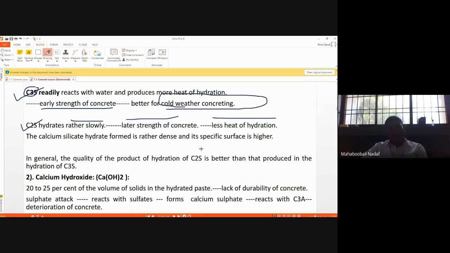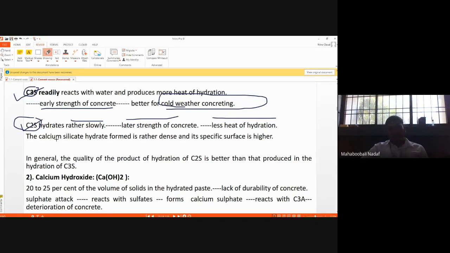At that time you don't want it to react very fast, because once the reaction is completed it starts hardening, and you need to transport it for a longer time. So in those conditions your cement should contain more C2S. That is why C2S is more suitable for all work.